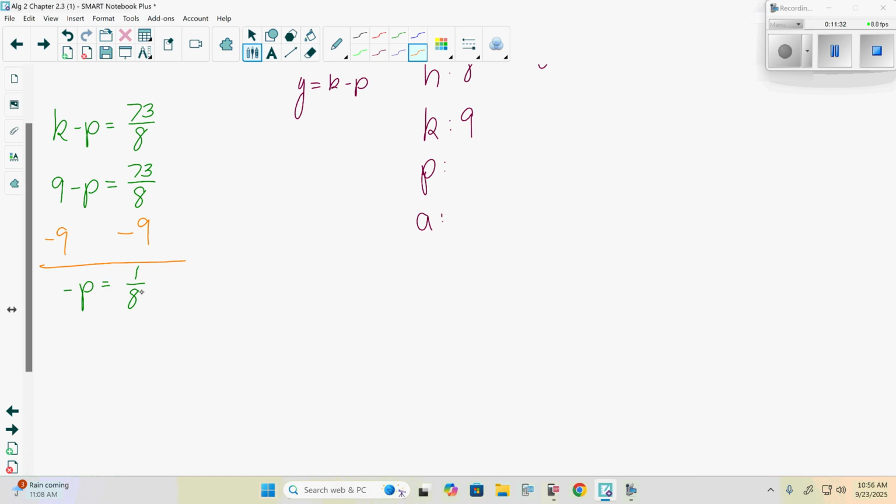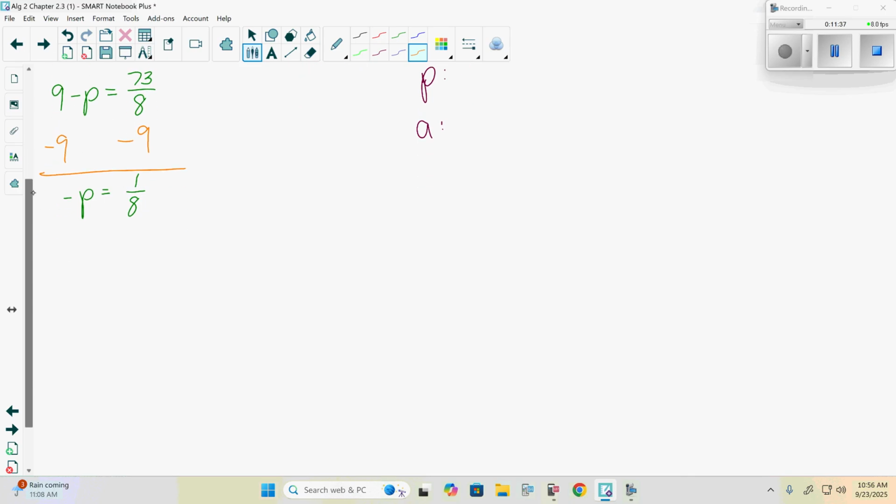So how can we fix that negative sign? We can divide it by a negative. What negative? Negative 1. Because negative p divided by negative 1 is p. 1/8 divided by 1 would be 1/8. But because we're dividing it by negative 1, it's going to be negative 1/8.